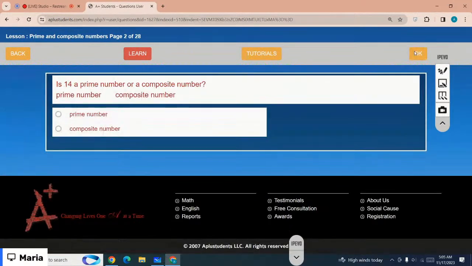Okay, is 14 a prime number or a composite number? Think and answer. Write the answer in the chat box, please.